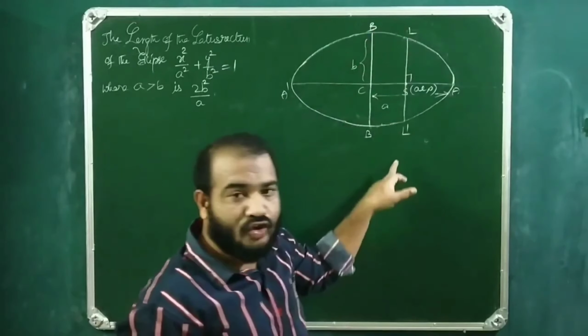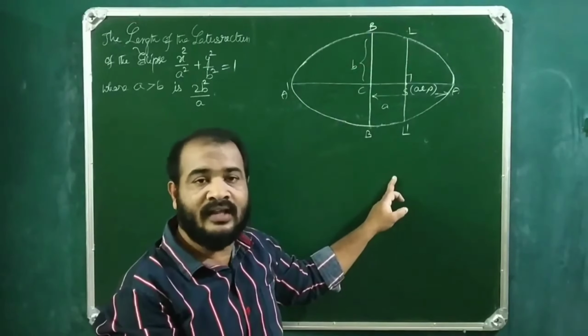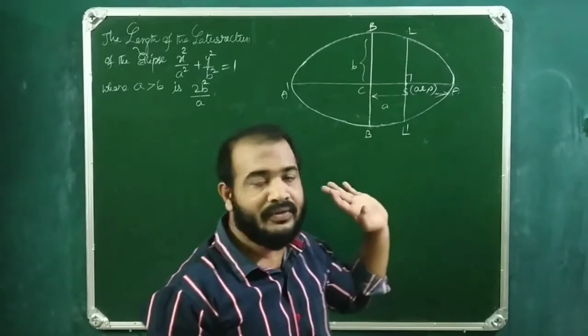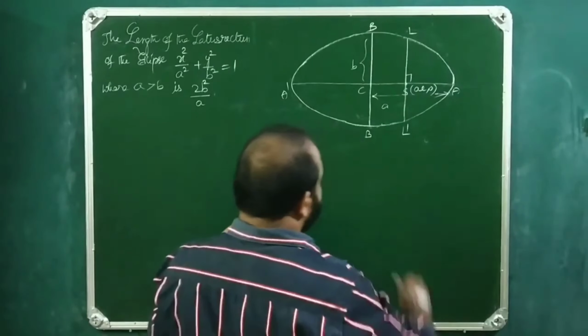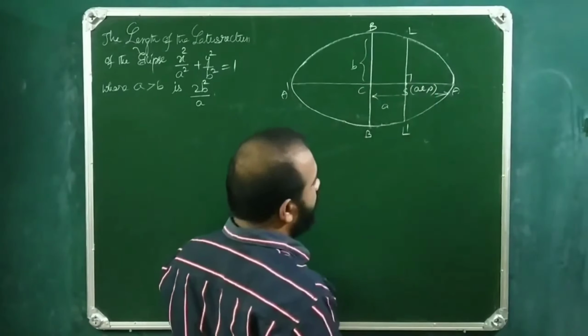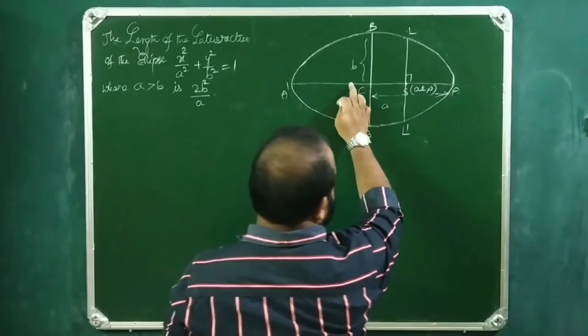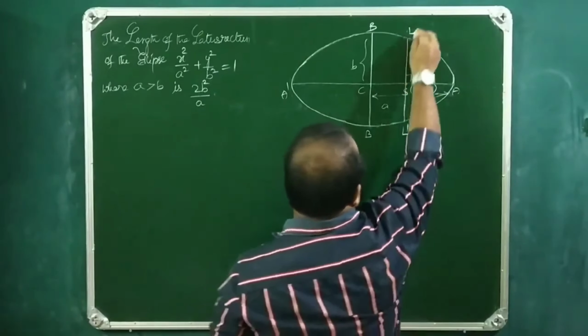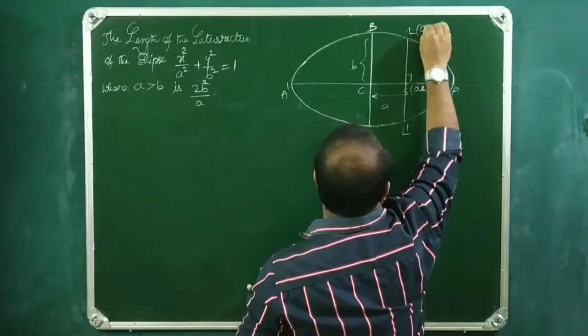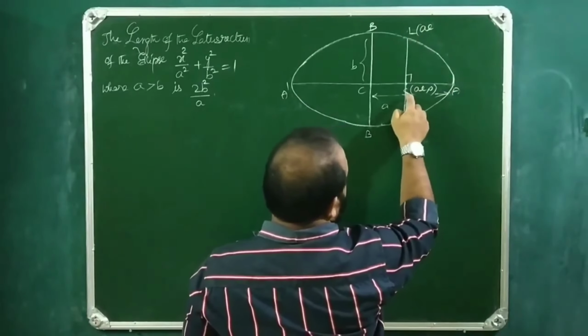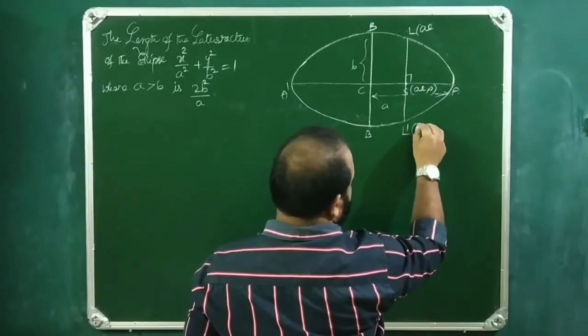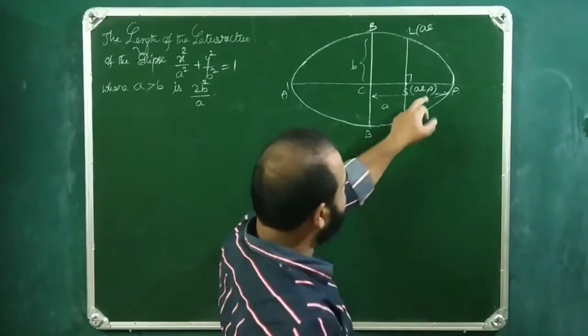L and L dash are the extremities, or the ends, of this latus rectum, and since this is perpendicular to the x-axis, the x-coordinate is AE.